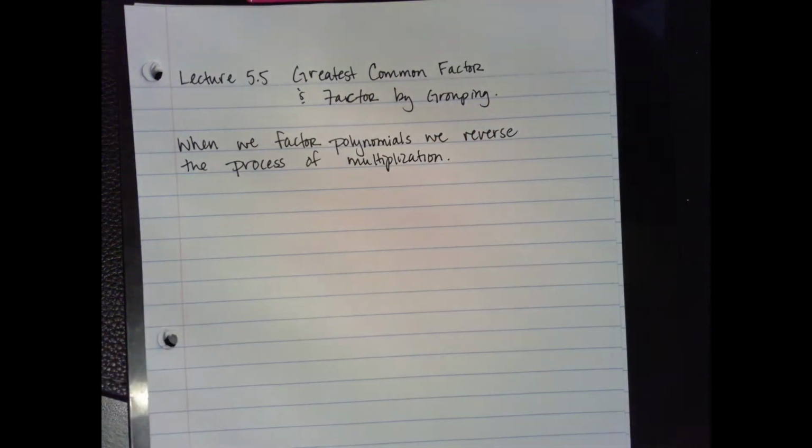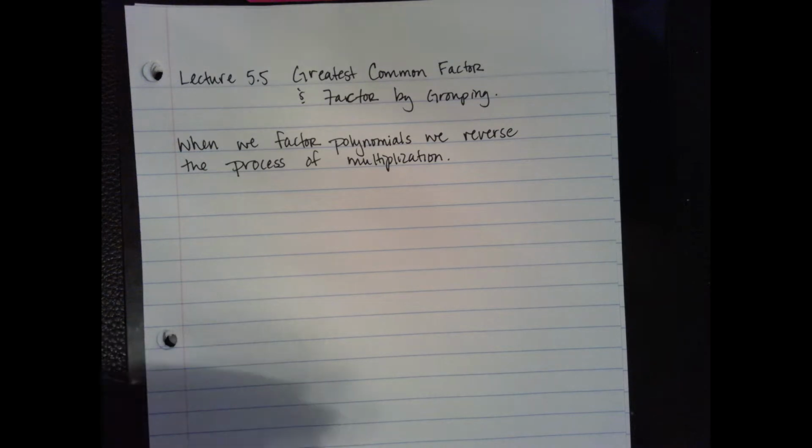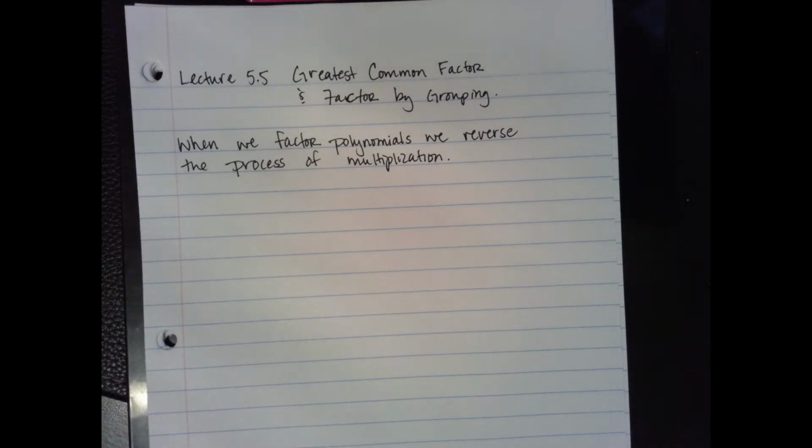So when we factor polynomials, we're going to be reversing multiplication. That means our answers should be something times something else. We should end up with two factors of a product. So after we've multiplied, that is the product. Factors are the pre-multiplication.